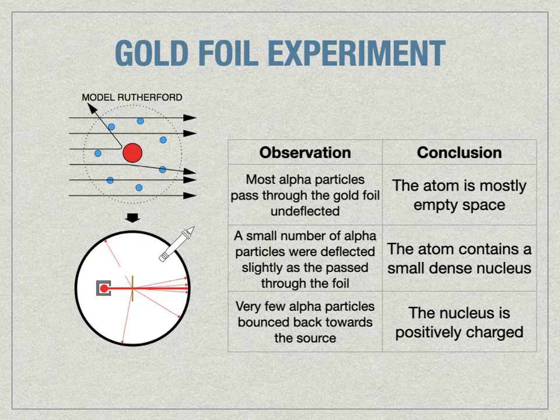Now, there's no way for you to know because you can't actually look at what's happening inside the atom. All we can look at is the result of the trajectory of those particles. So we've got mostly empty space, and a dense nucleus at the center that's positively charged. And this is what we learned from the gold foil experiment.